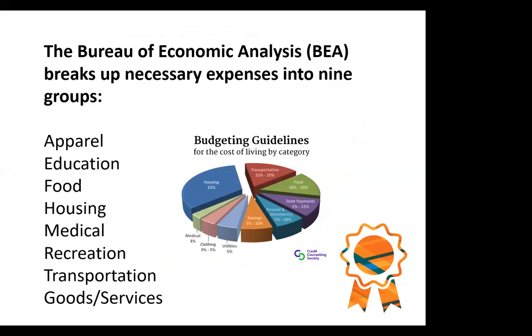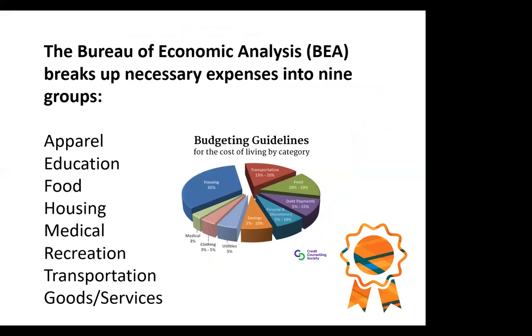All right, so the Bureau of Economic Analysis will break down necessary expenses into 9 groups, and those are the things that you want to look at as you're going into possibly other places, other states. See what is the cost. Be aware of all those things. So apparel, obviously, education. Some of them may be applicable to you or may not.